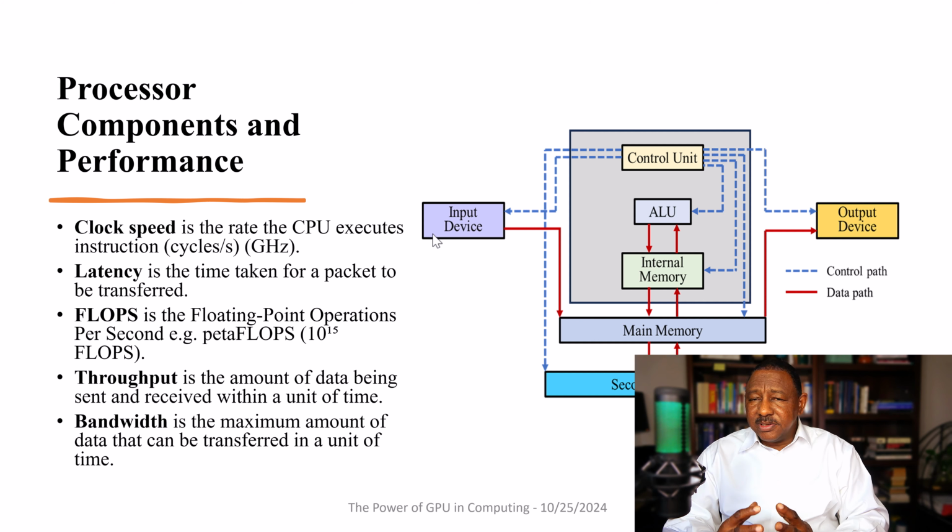The processor itself, in its simple form, consists of a control unit, which controls all operations performed by the processing unit, and arithmetic and logical units. This is the unit that does the arithmetic operations and logical operations.